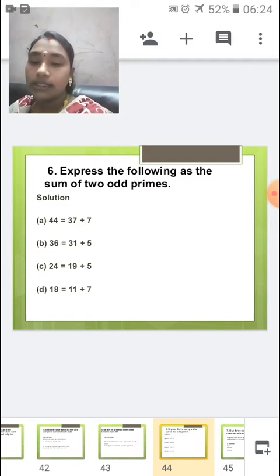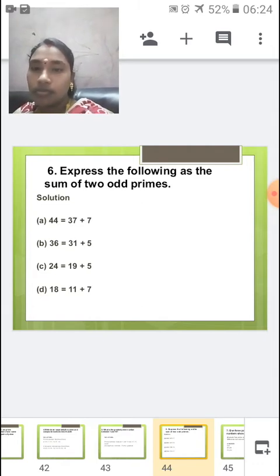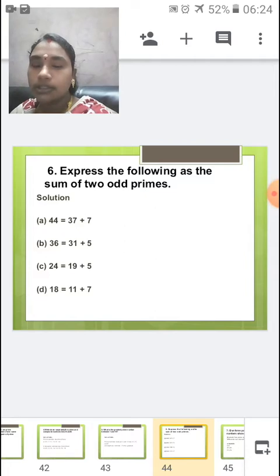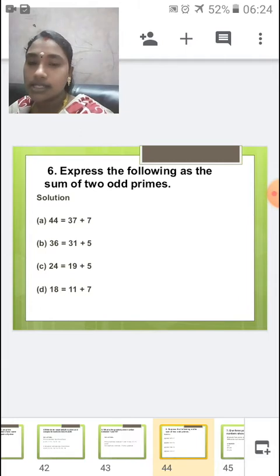Now let us go on to the second sum, 36. 36 will be the result if the odd primes 31 and 5 are added together. When you add 31 plus 5, the answer is 36.